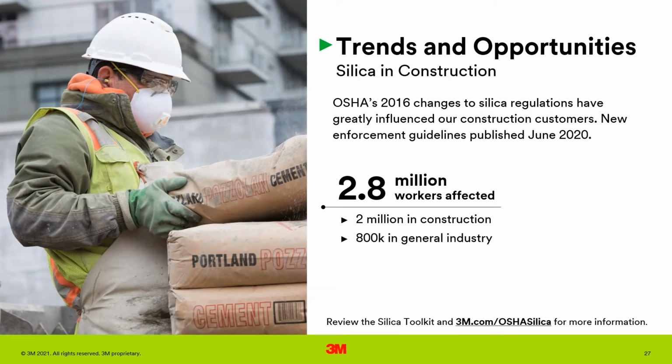Another trend in construction is silica. There are 2.8 million workers affected by silica, with 2 million in construction. Almost any construction site where there's cement, breaking of rock, moving of dirt, or pouring of concrete has an opportunity for silica exposure.